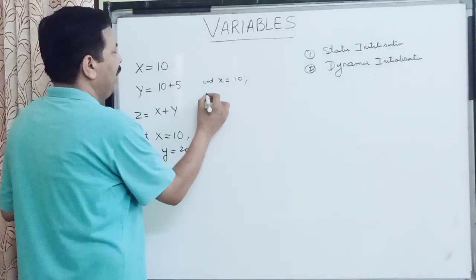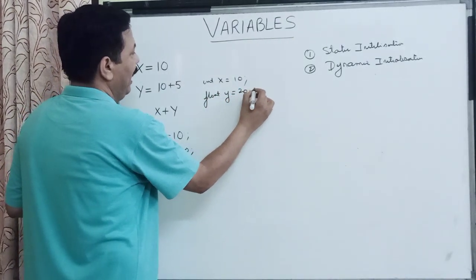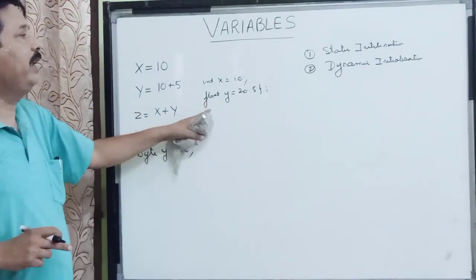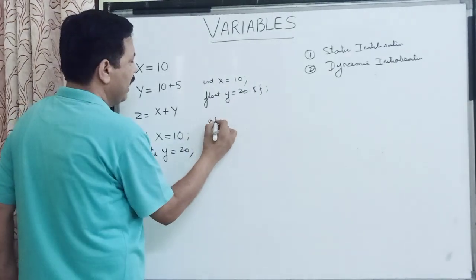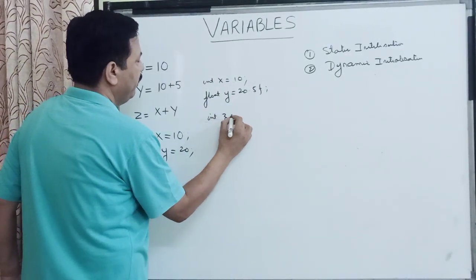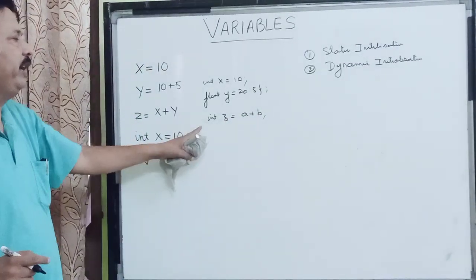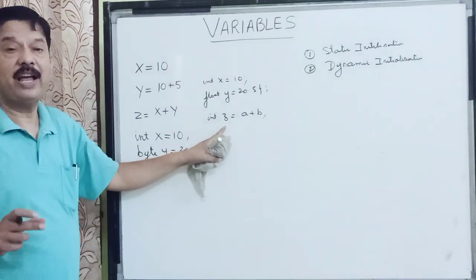Say for example, I say like this. So this is, children, again static initialization. But if I say, children, int z is equal to a plus b. Now children, when this statement is written, the value of z is not initialized first.